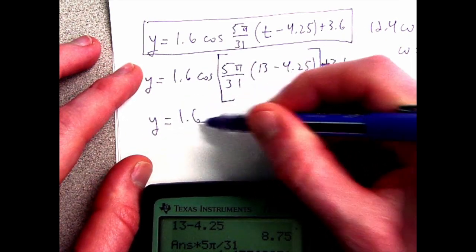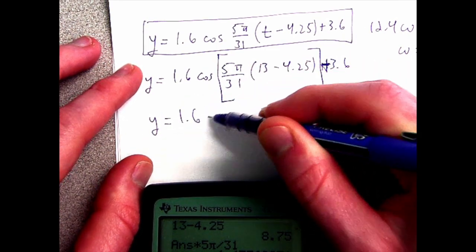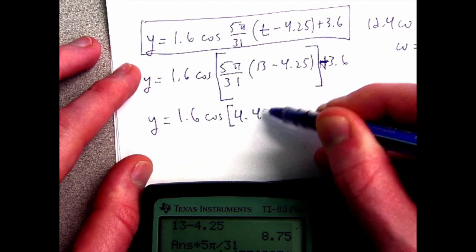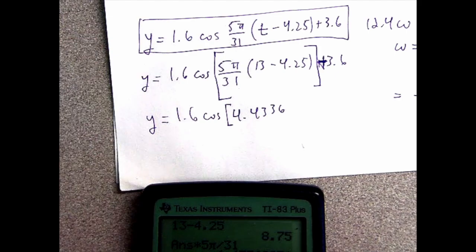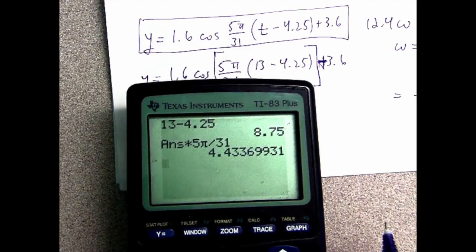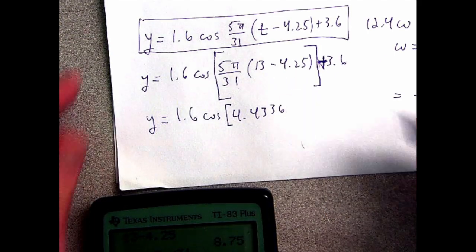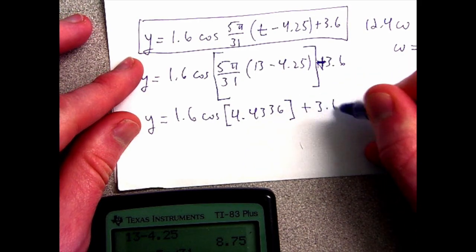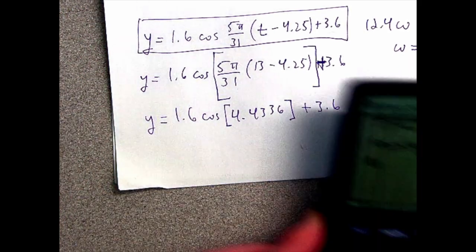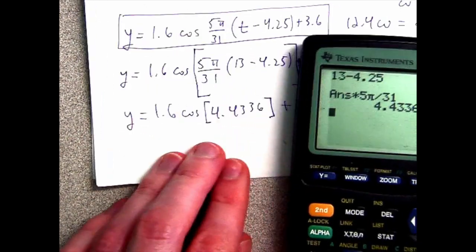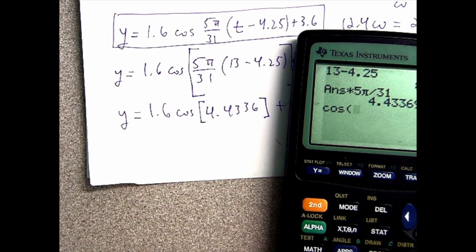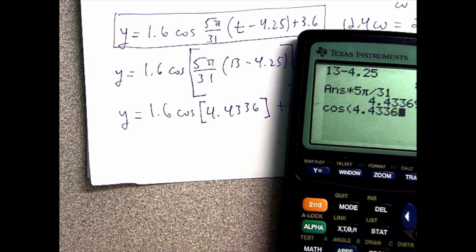Let me just summarize that result. So what I'm looking at is 1.6 cosine of 4.4336, whatever that number is I had here, plus 3.6. Okay, so now it's pretty straightforward. We have to take the cosine of that result. So cosine of 4.4336, and so on.